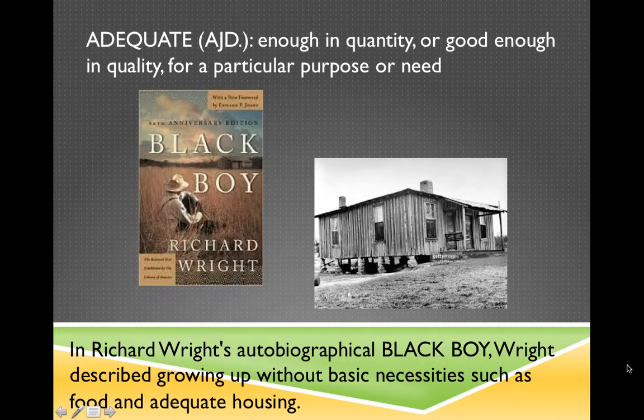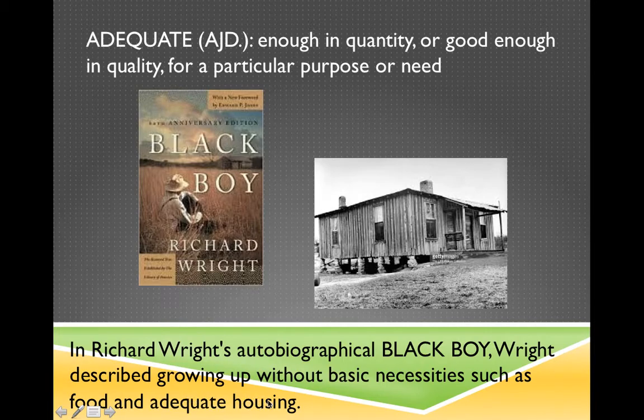Okay. Growing up without the basic necessities, so they had inadequate necessities, inadequate food. Okay, if you're talking about quantity, they didn't have the basic necessities, right? So their necessities were inadequate, such as food and adequate housing.